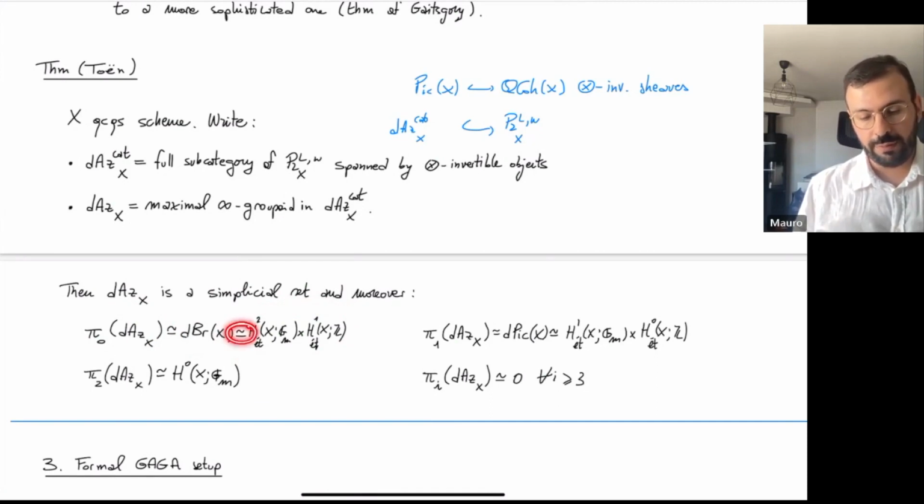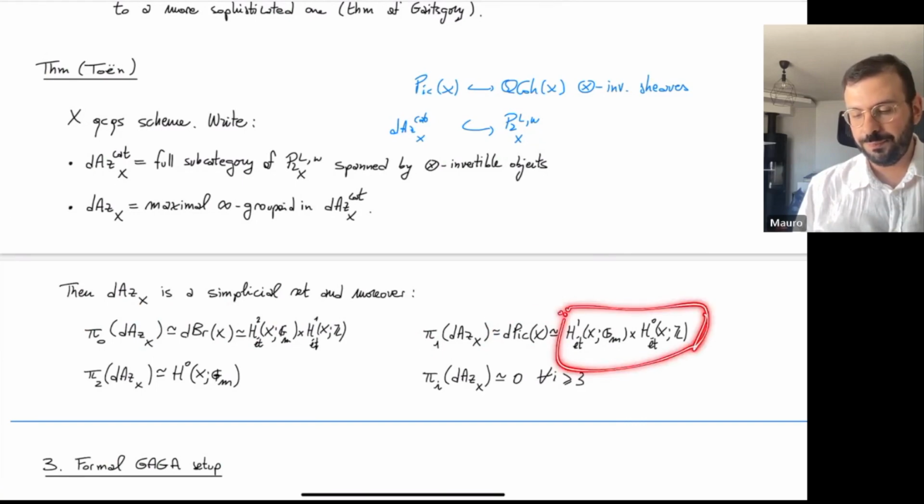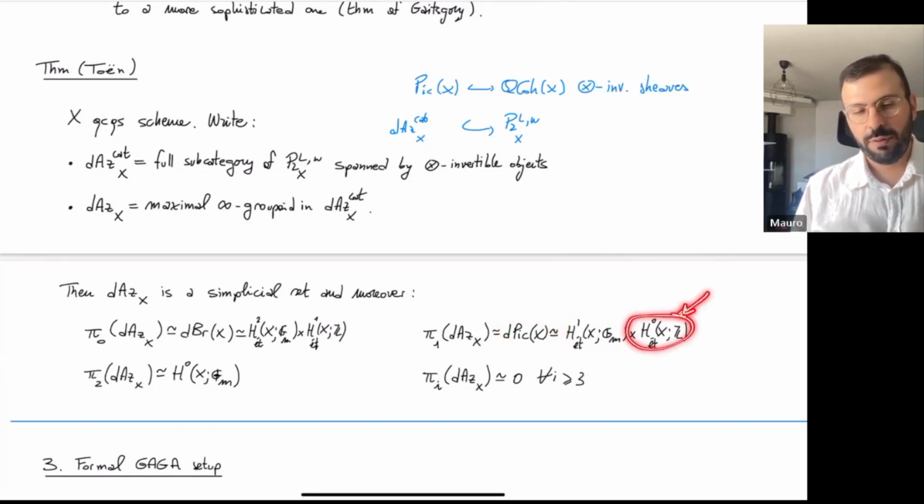Actually, this identification comes from the analysis of these connected components. The pi_1 of this topological space is the derived Picard group, which is essentially this product, H^1_et, and then there is Z. In the derived Picard group, you should think of this component as given by the shift.